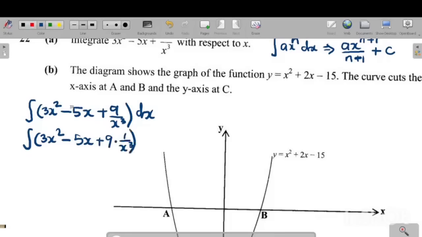Now by the laws of indices, if you have 1 over a, with a being the base, this is the same as a to the power negative 1.